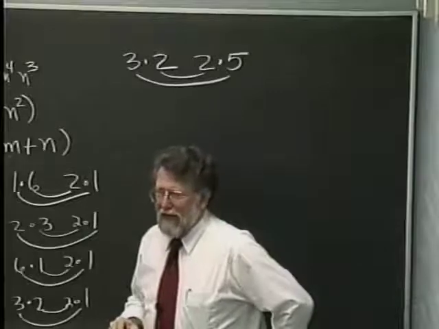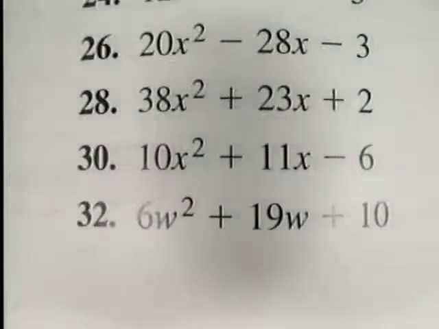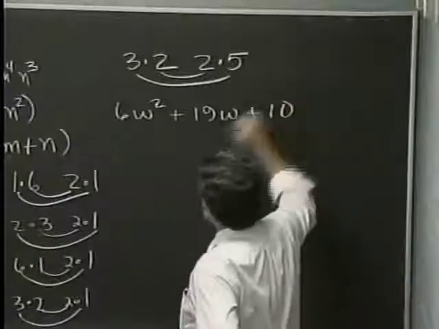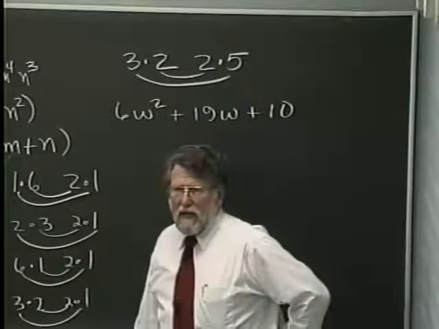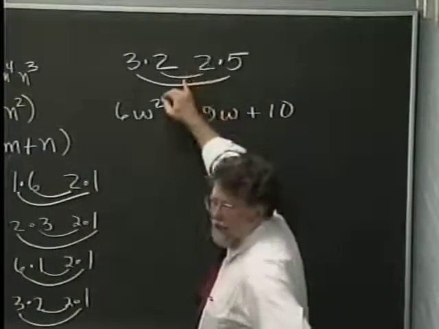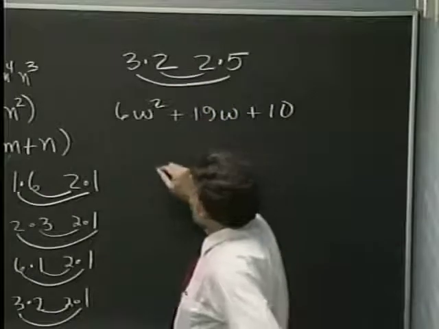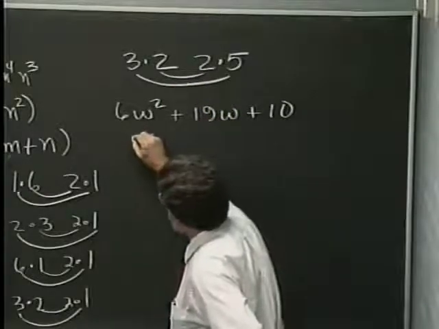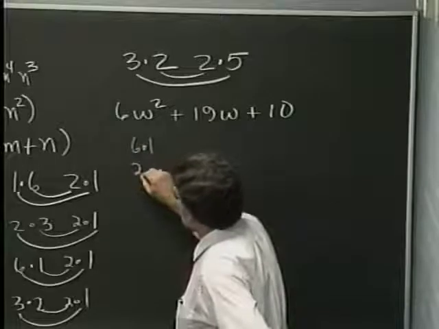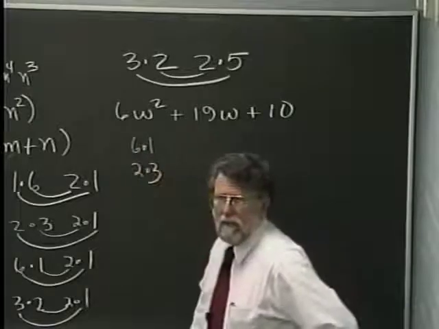Let's go back to the document cam and see where this came from. We had 6w squared plus 19w, and then we had plus 10. Now, assuming you didn't see this in your head at the time, what you would do is take the 6 and 1, 2 and 3.